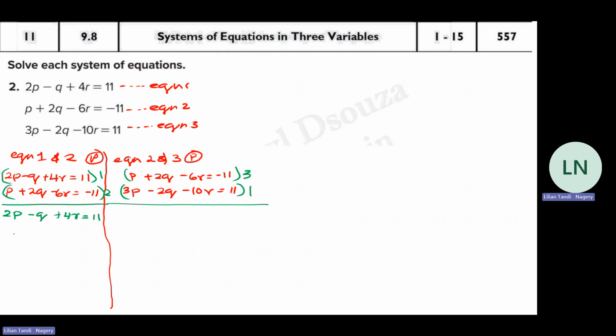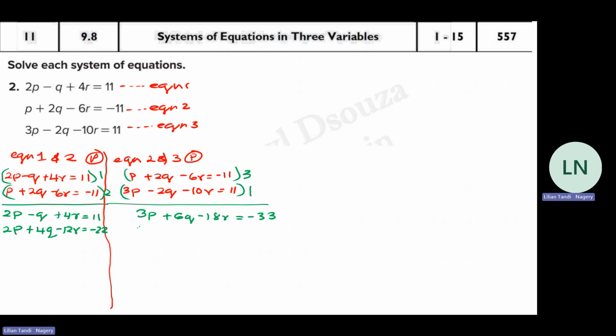So here we are multiplying by 2. So 2P plus 4Q minus 12R equals negative 22. Okay. Now, this one you have 3P plus 6Q minus 18R equals negative 33.